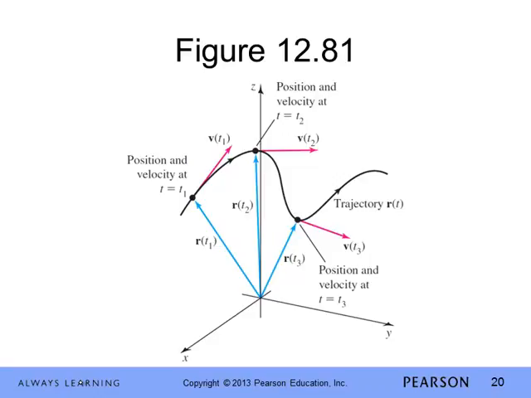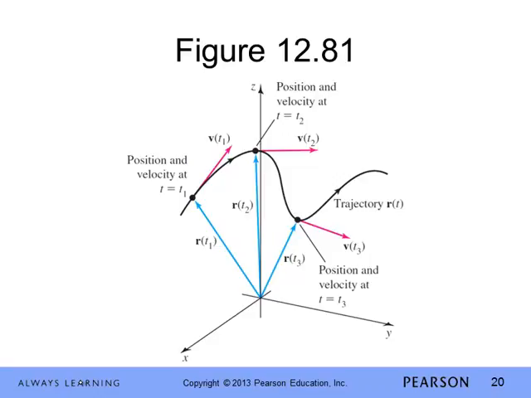So we've got this trajectory modeled by a three-component vector valued function of t. And here we go. We've got this black curve in three-dimensional space.